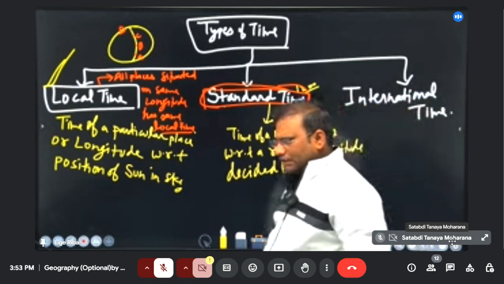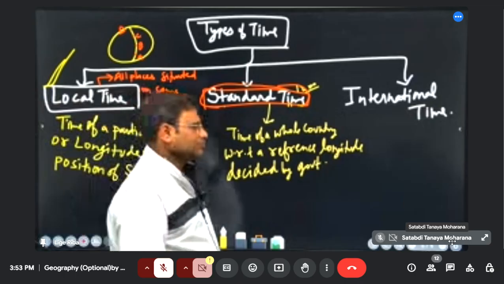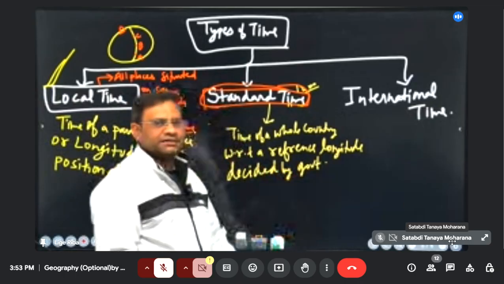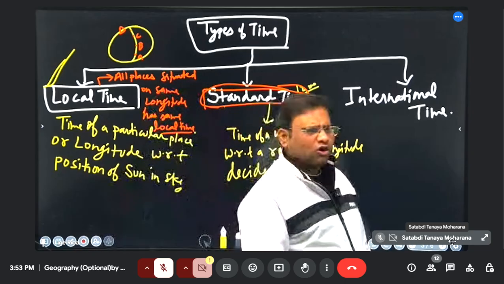Right? So it is basically drawn to remove the time confusion. That is the standard time. So it depends upon the government, will of the government.